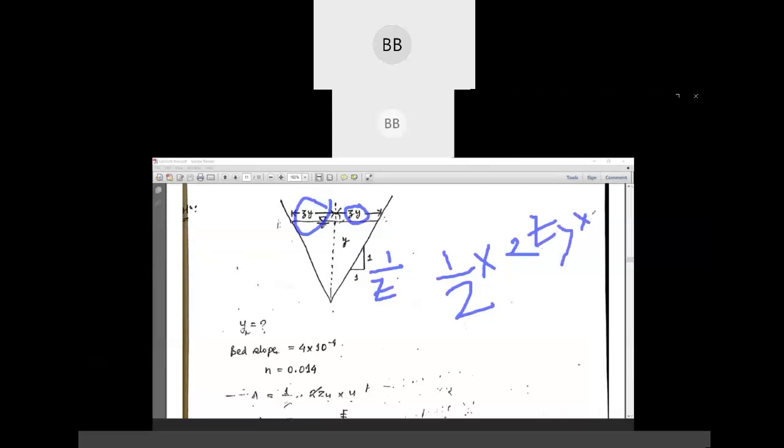So 2 will be cancelled out, equal to zy square.